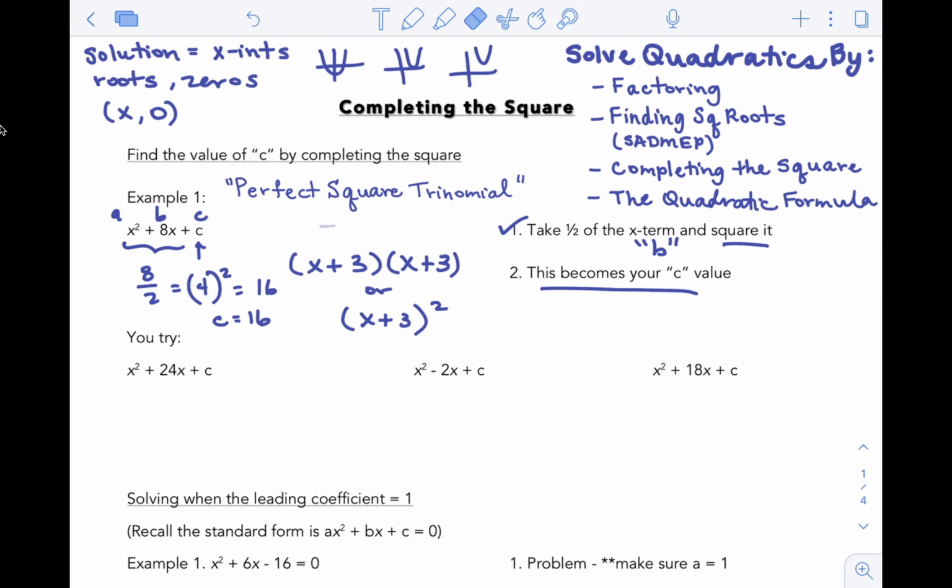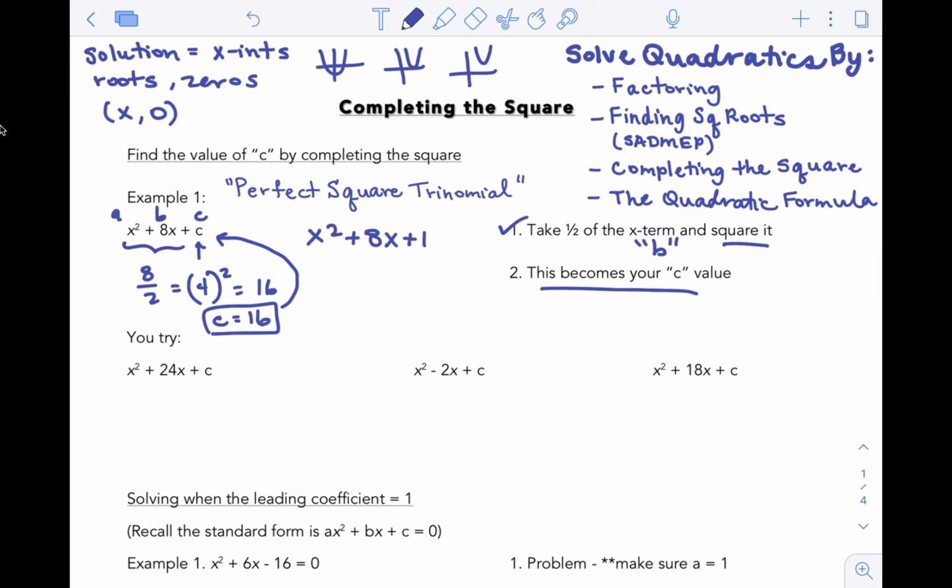Now, we know we're correct on this one because if I take 16 and put it right back there, x squared plus 8x plus 16 is in fact a perfect square trinomial. How do I know that? Well, the factors of 16 that give me the middle of 8, when I add or subtract them, would be 4 and 4. And that is the same thing times itself, x plus 4 times x plus 4, or x plus 4 squared.